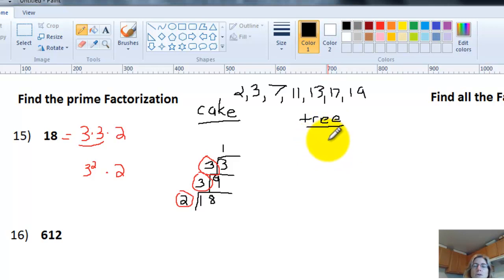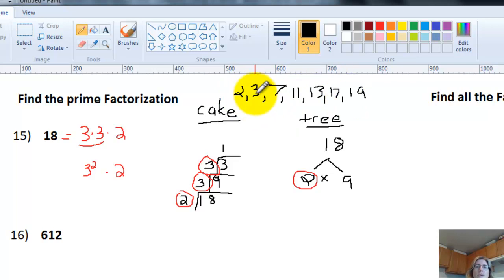So you begin with your number that you want to find the prime factorization of, which is 18, and you do the same thing. Can something times 2 equal 18? Yes. So you begin with your lowest prime number and you say, yes, 2 times 9 is 18. And you have a prime number already. This is a composite number, so you have to continue to break it down. And what you do is similar.